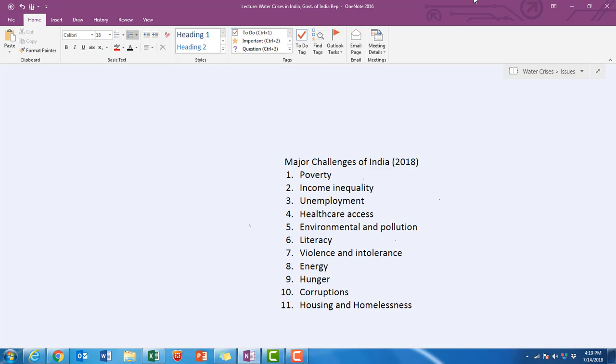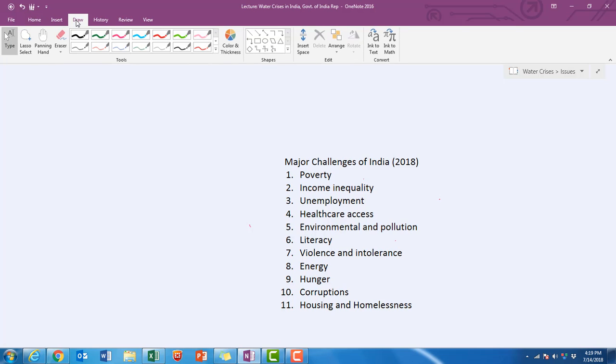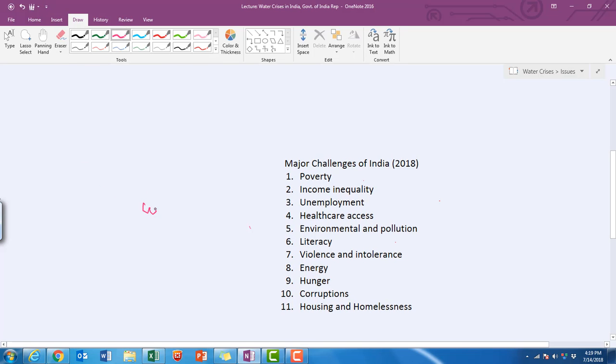Now, what I want to do here is add one more challenge, one more issue. Let's see. And that's going to be water. India does have a water scarcity issue.